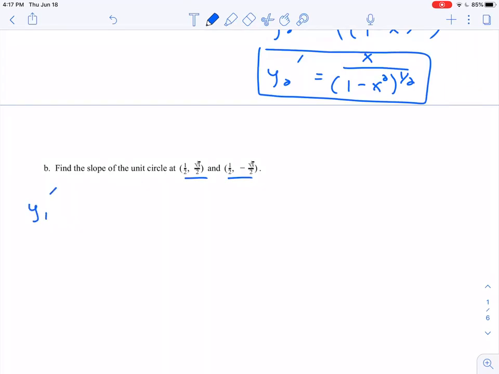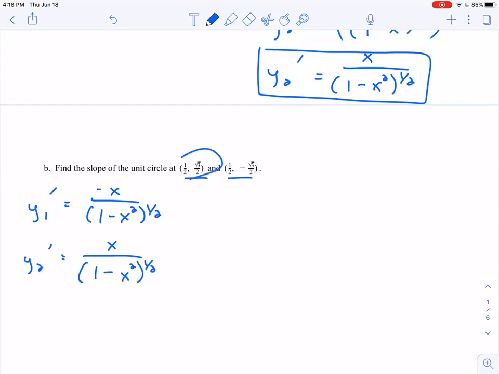I said y1 prime was negative x divided by 1 minus x squared to the 1/2 power, and y2 prime is positive x over 1 minus x squared raised to the 1/2 power. How do I know which one of these to use? Do I take this point and plug it in here, or do I plug it in here?